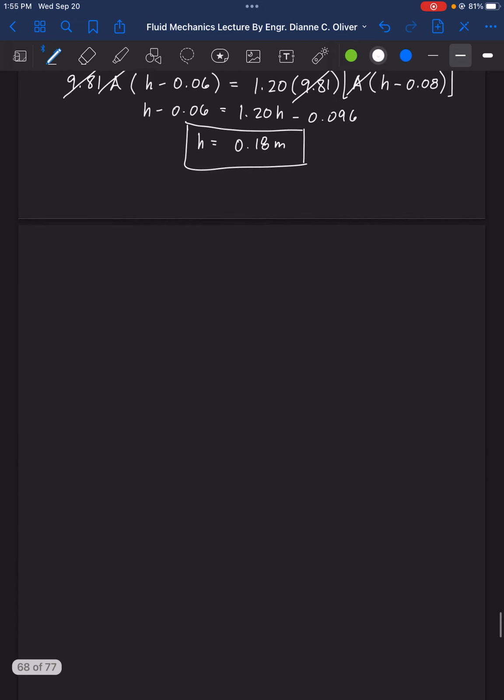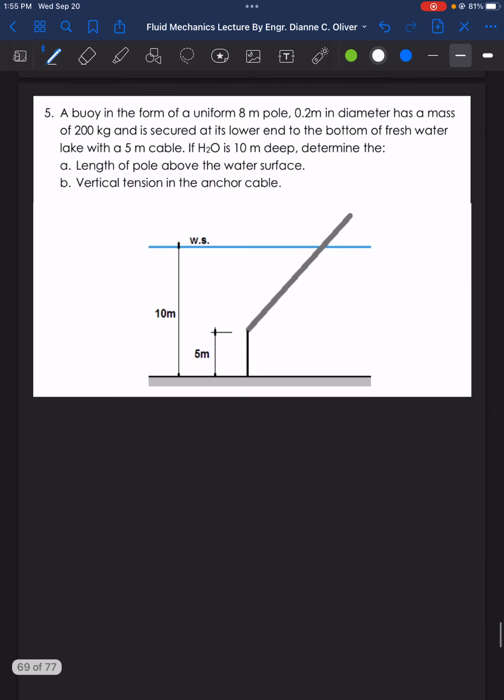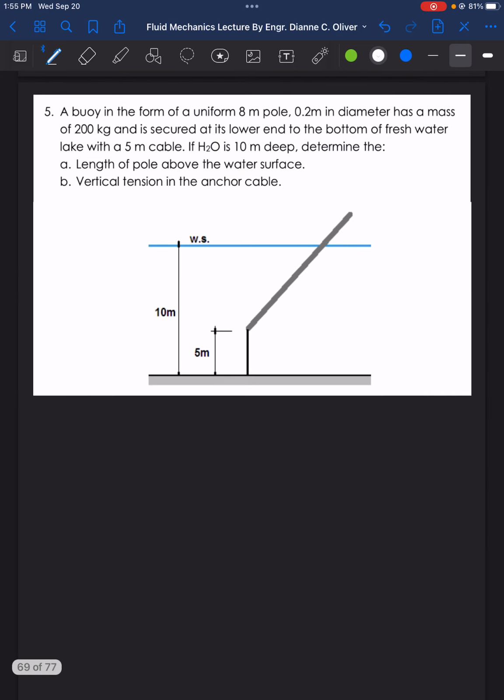Let's go to example number 5. A buoy in the form of a uniform 8-meter pole, 0.2 meter in diameter, has a mass of 200 kilograms and is secured at its lower end to the bottom of a freshwater lake with a 5-meter cable.